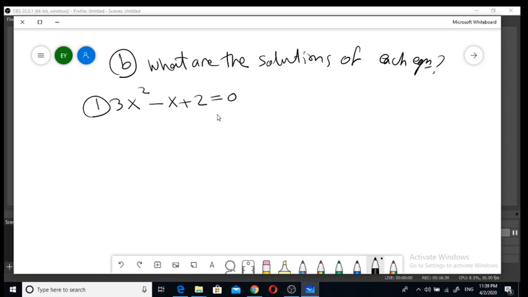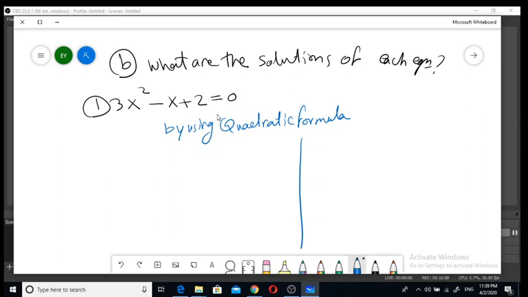Again, we can use the quadratic formula. X is equal to negative b plus or minus square root of b squared minus 4ac over 2a.